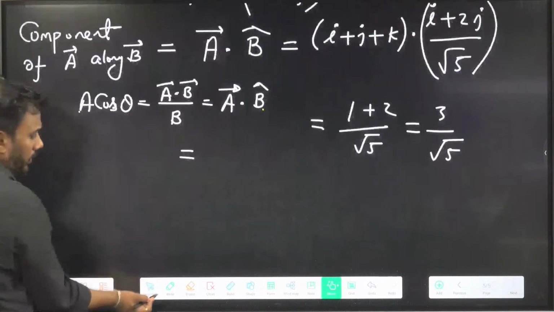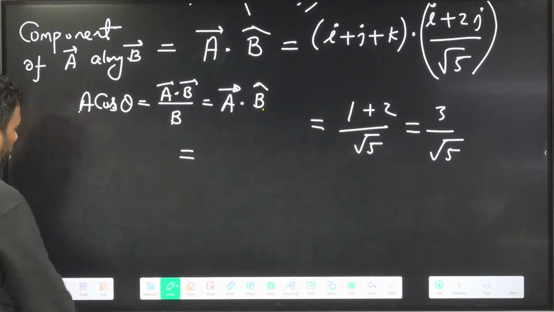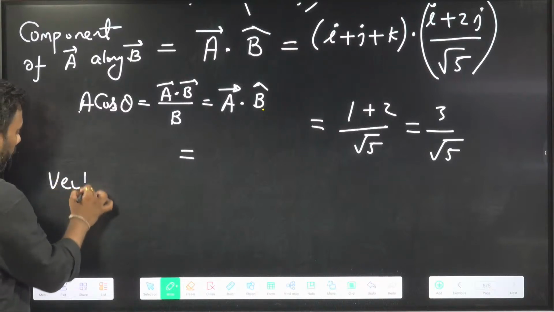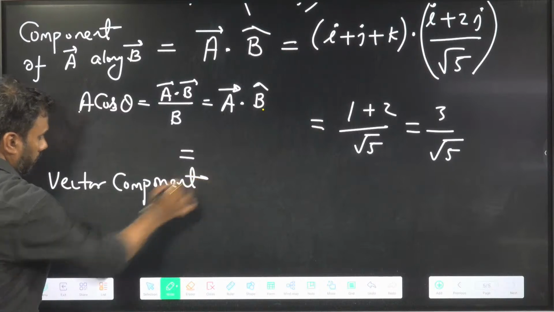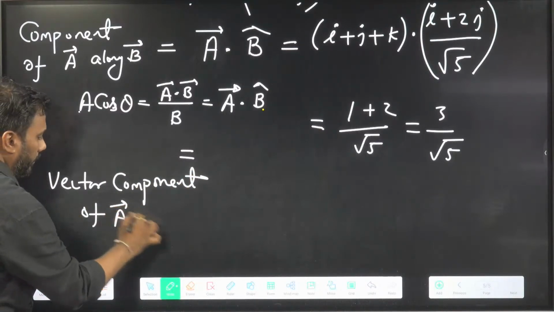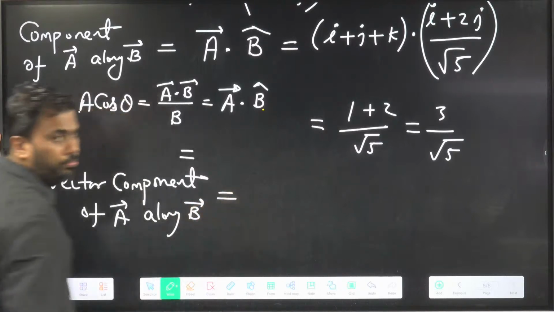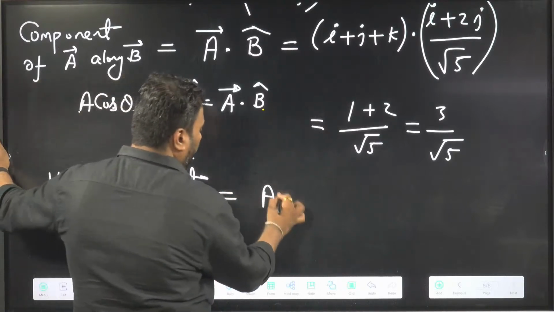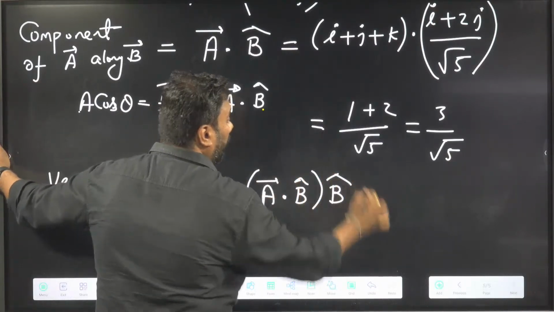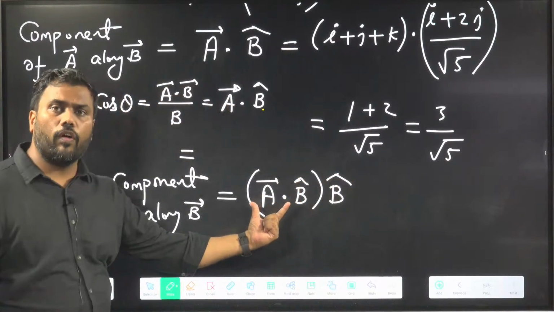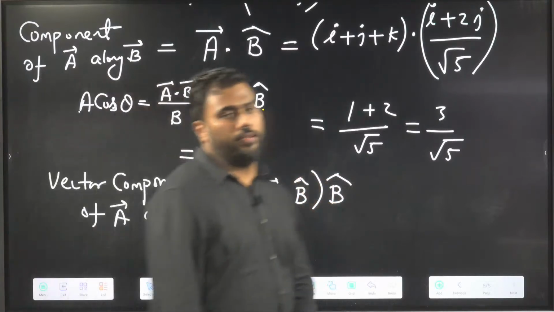Sometimes they want the direction also. So the vector component of A vector along B vector is A vector dot B cap times B cap. This is the magnitude of the component. If I multiply this with the unit vector of direction, I will get the vector component.